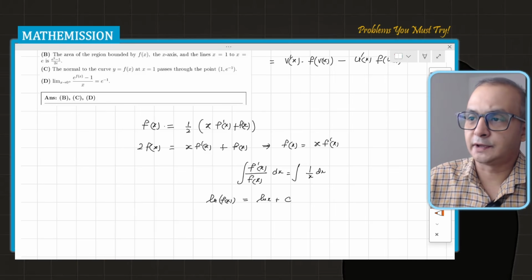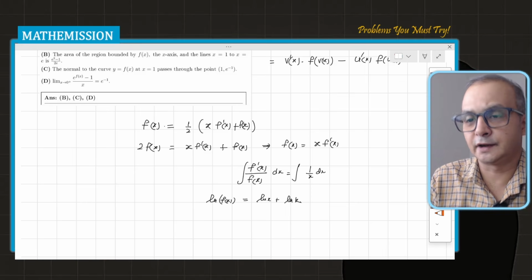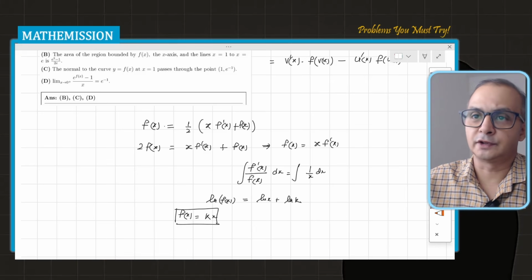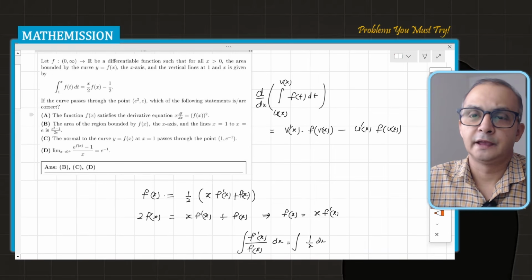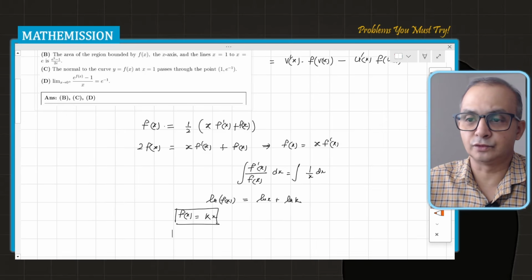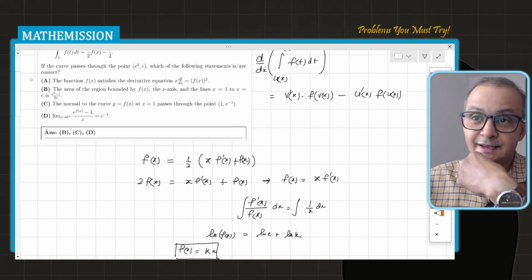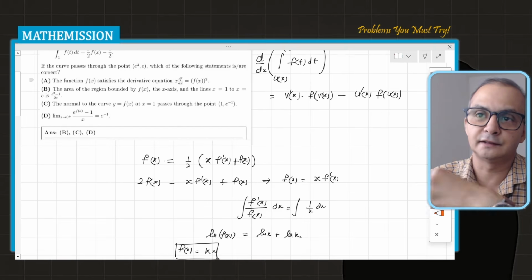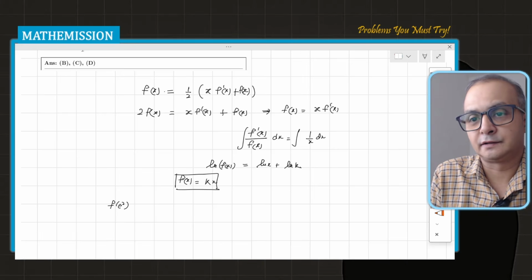This constant term I can also replace with log of k, and so we get f(x) is equal to kx. Once we get this, I have to see what they have given. If the curve is passing through the point (e², e), which of the following statements is true? So (e², e) means in place of x we are substituting e², and we get the value e. It means f(e²) is equal to e.